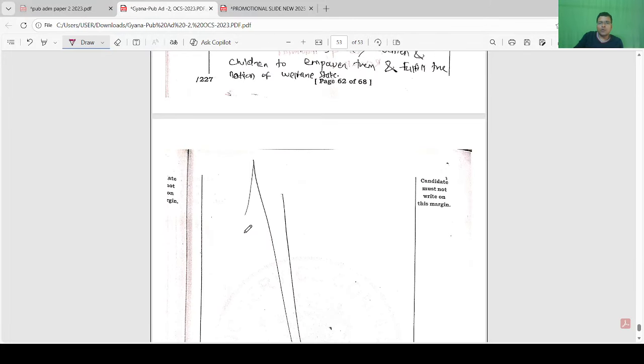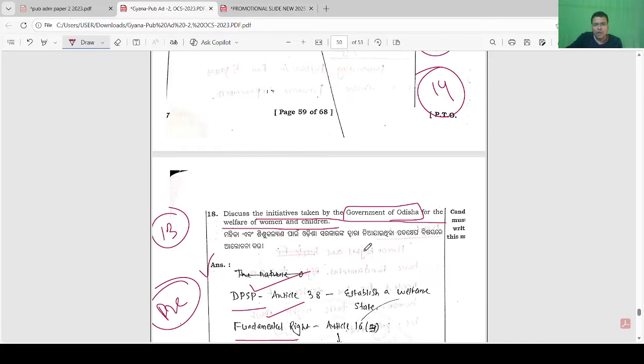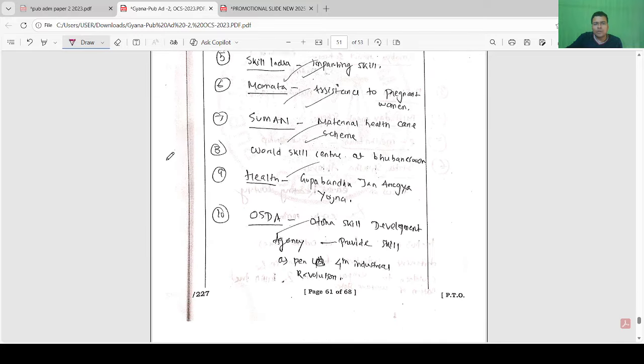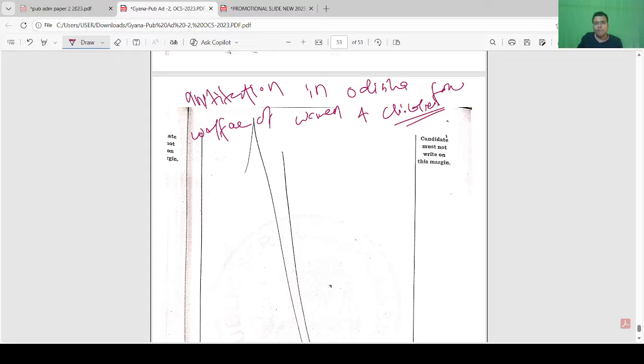But you should write institutions: institutions in Odisha for welfare of women and children.